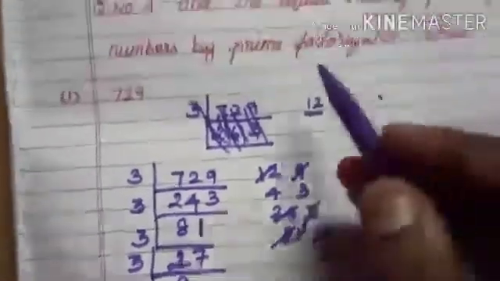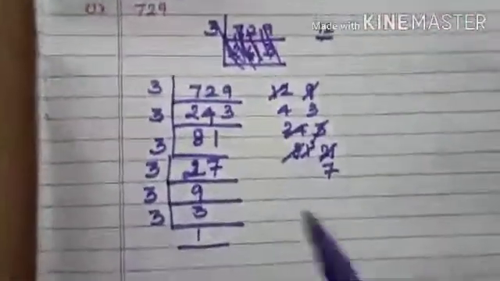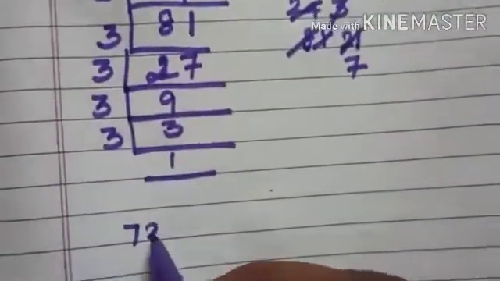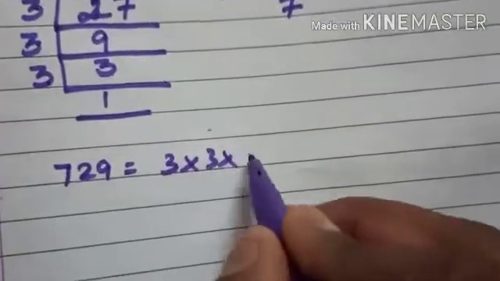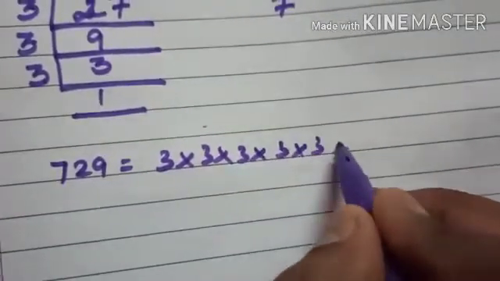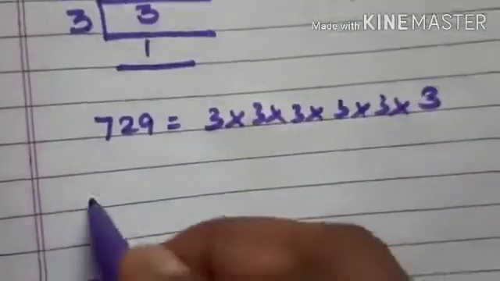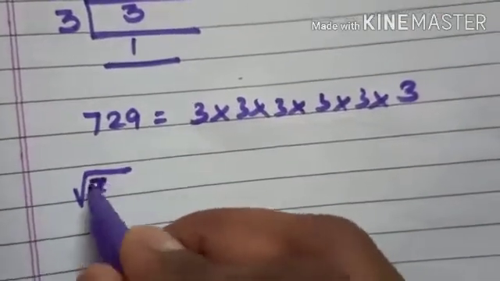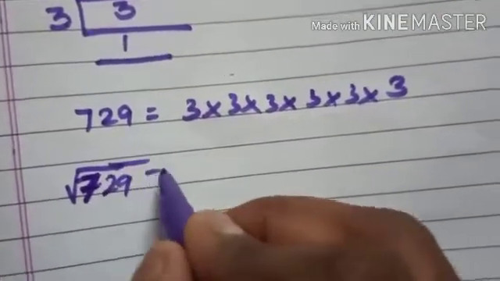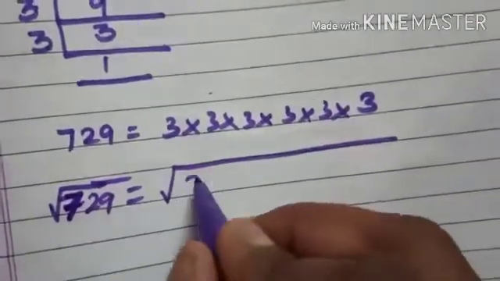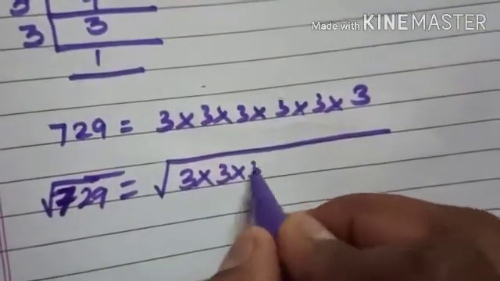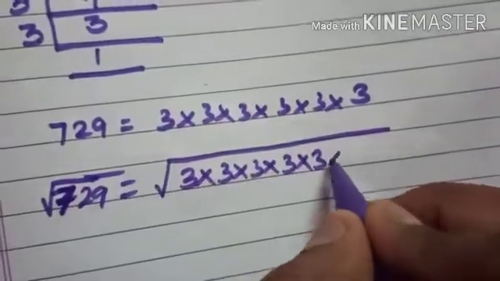Now you can see the prime factorization. So what is the answer? 729 is equal to 3 into 3 into 3 into 3 into 3 into 3.